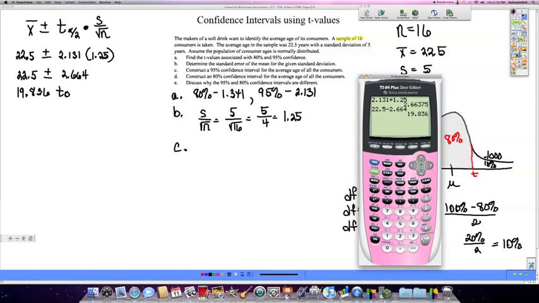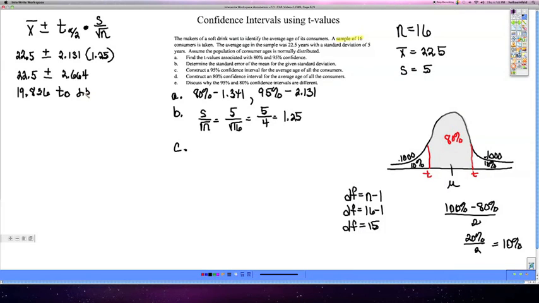I'm going to pull the last thing I typed in by pressing second enter, and then I can just arrow over and change that subtraction to addition. And it's 25.164. And that is our part C.